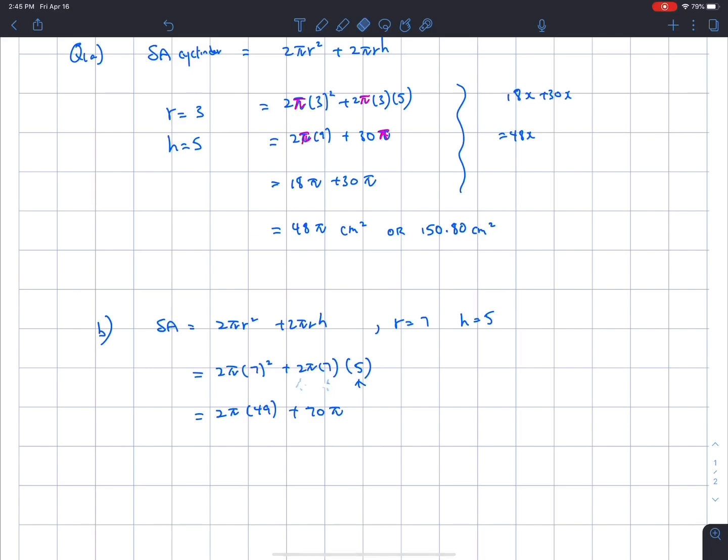When you're timesing, the order does not really matter. 2 times 49 is 98. And 98 plus 70 is 168 centimeters square. Once again, I can type this into the calculator and change into decimals. And we get 527.79 centimeter square.